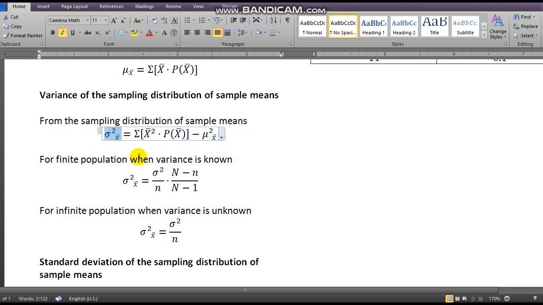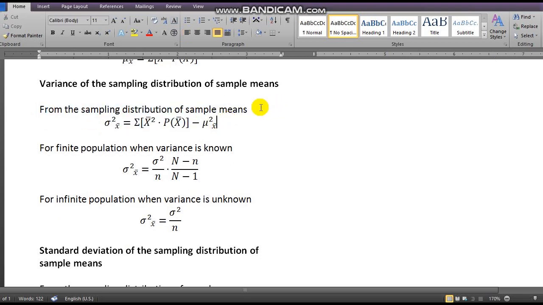The variance of the sample means is equal to the summation of the sample mean squared times the probability of the mean, minus the population mean squared. So we just make use of the same formula as in our discrete probability distribution.